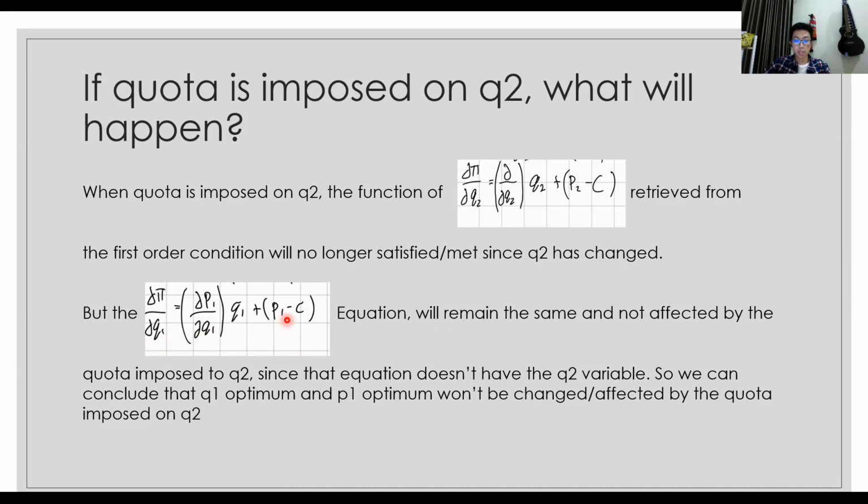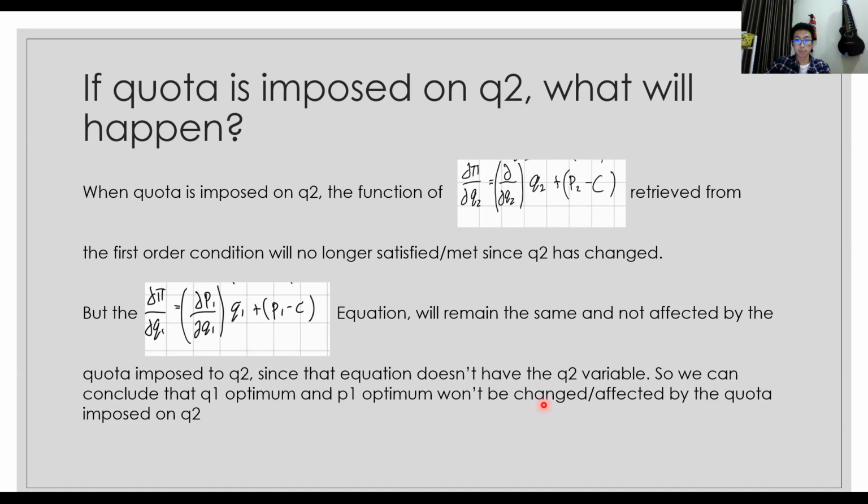So, making a conclusion from that fact, Q2 will not affect the ability of country 1 in maximizing the quantity of products or the price of the product. Since the equation does not have the Q2 variable, we can conclude that Q1 optimum and P1 optimum won't be changed or affected by the quota imposed on Q2.